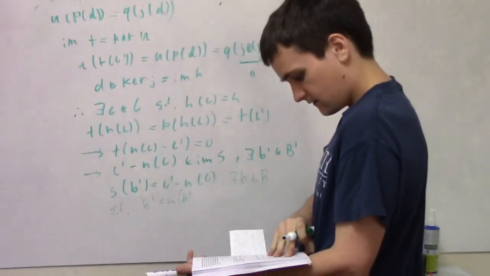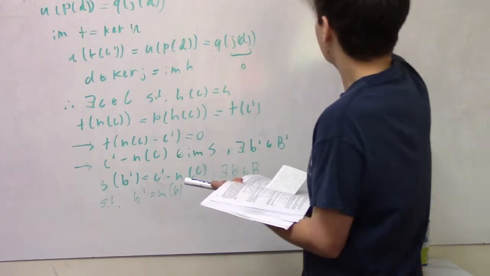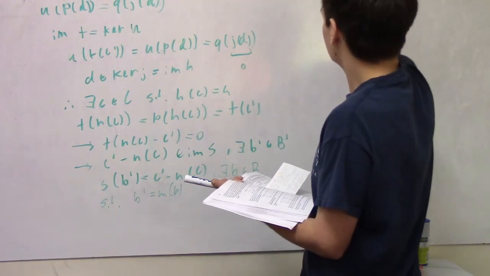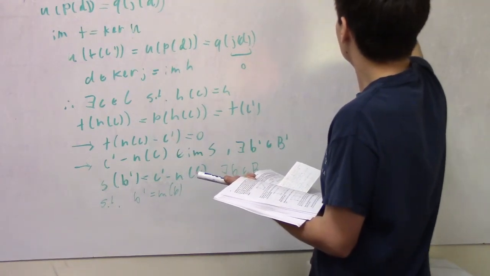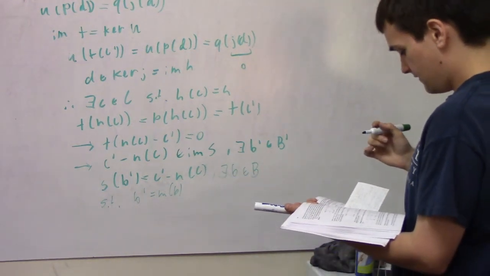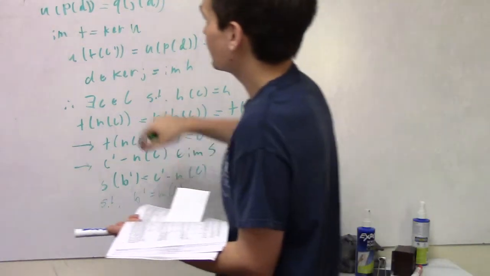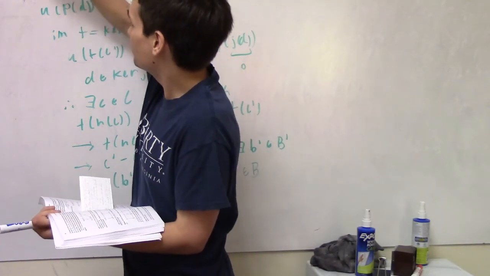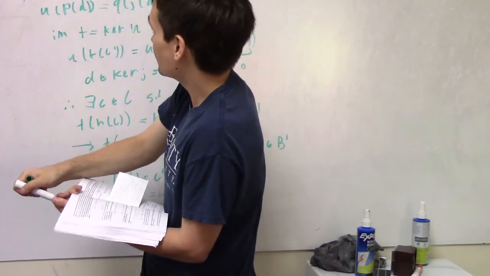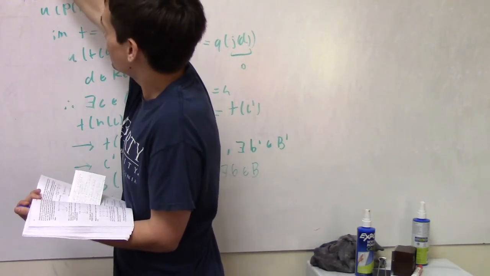So now, by commutativity, we have N of G of B is equal to S of M of B. So we got N of G, these two commute.